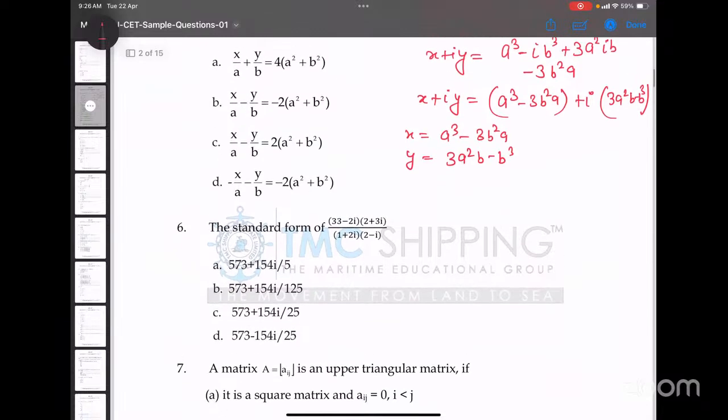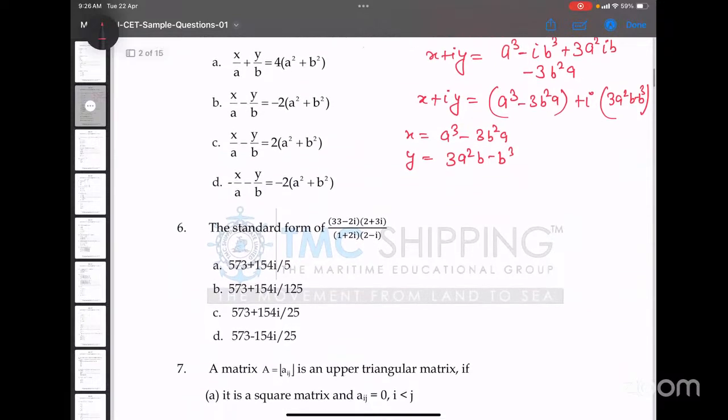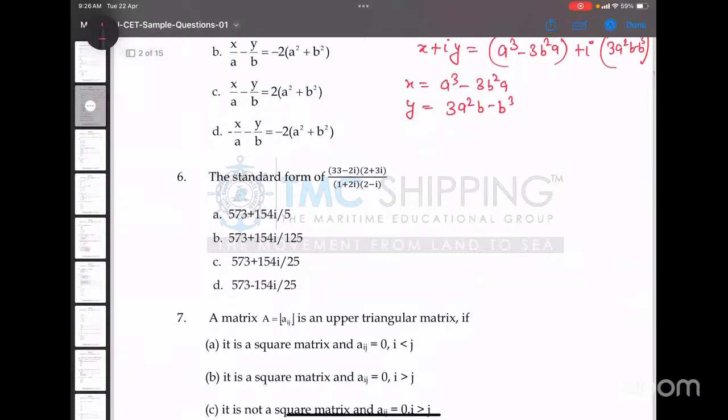So which option do you think will be correct? If we divide by a and b, because in all the options x is divided by a and y is divided by b. So x by a will be a square minus 3b square. Y divided by b will be 3a square minus b square.